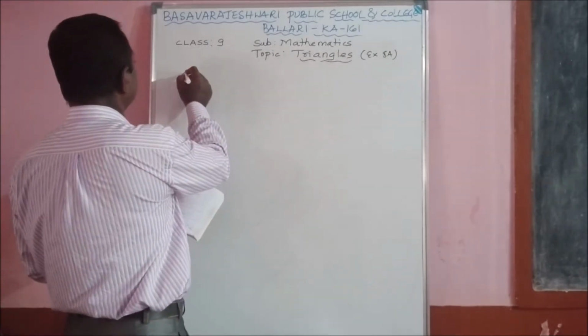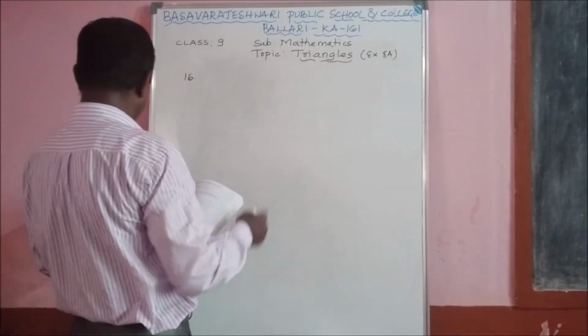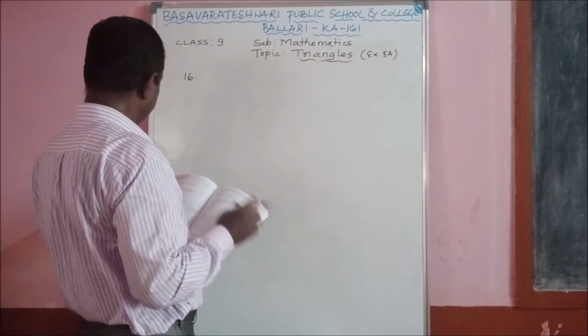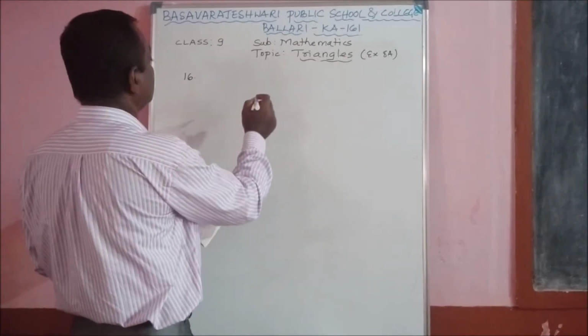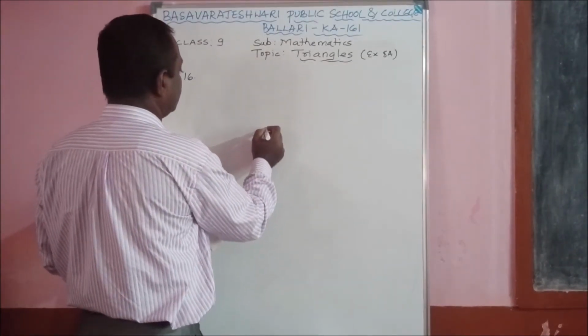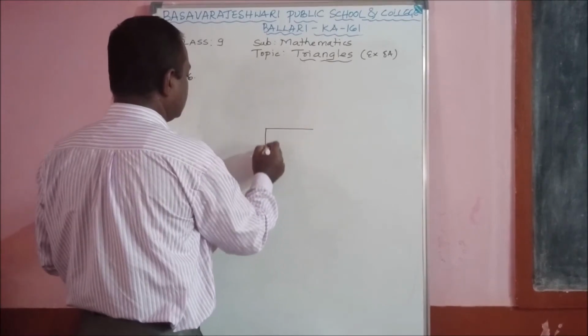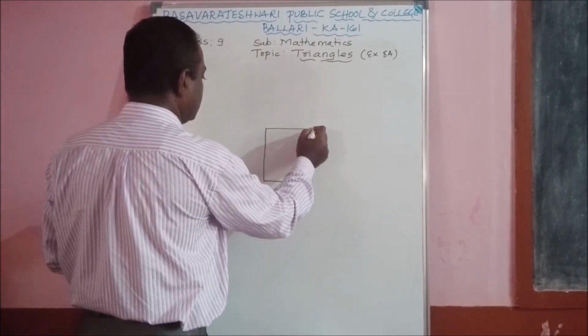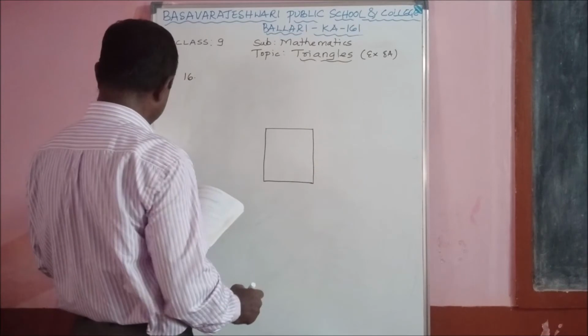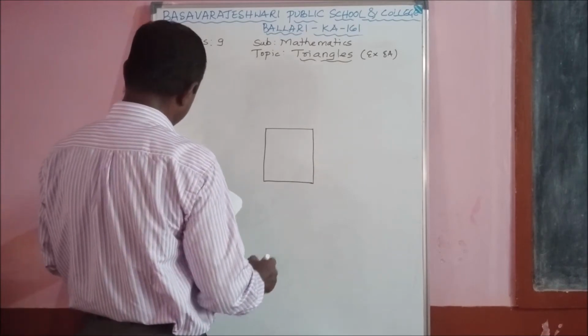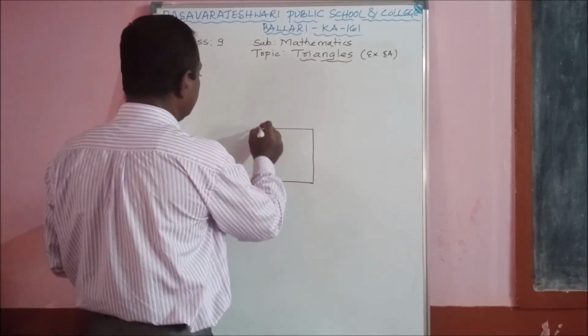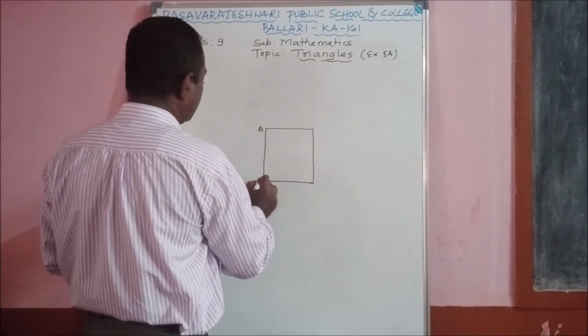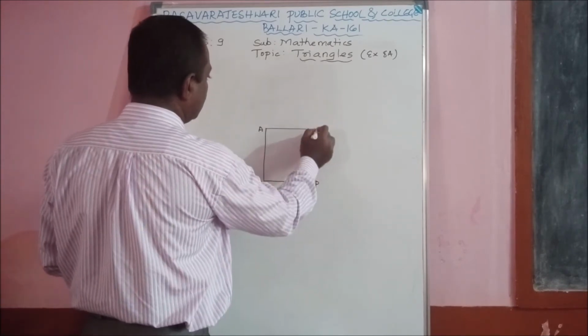Question number 16. So, two squares are given. One is AQPB.